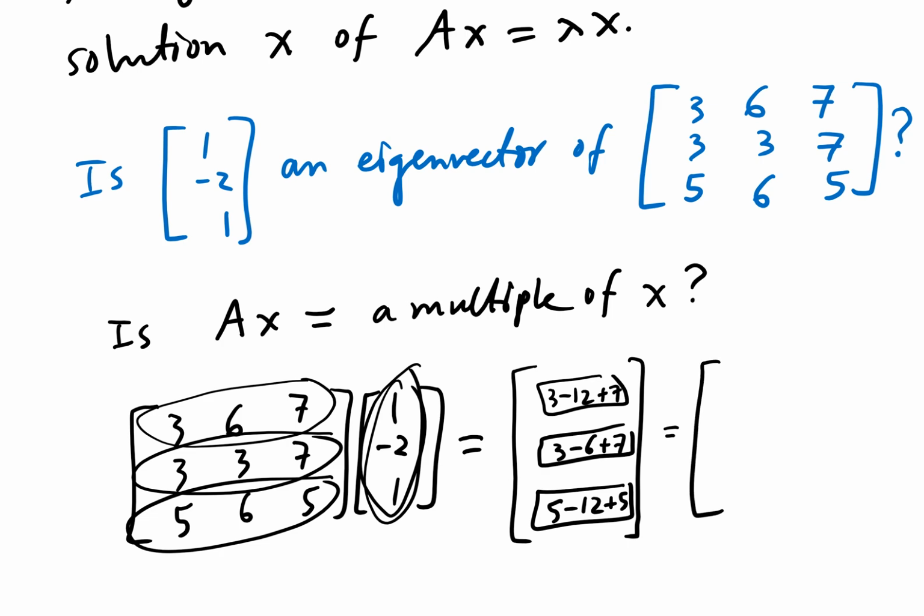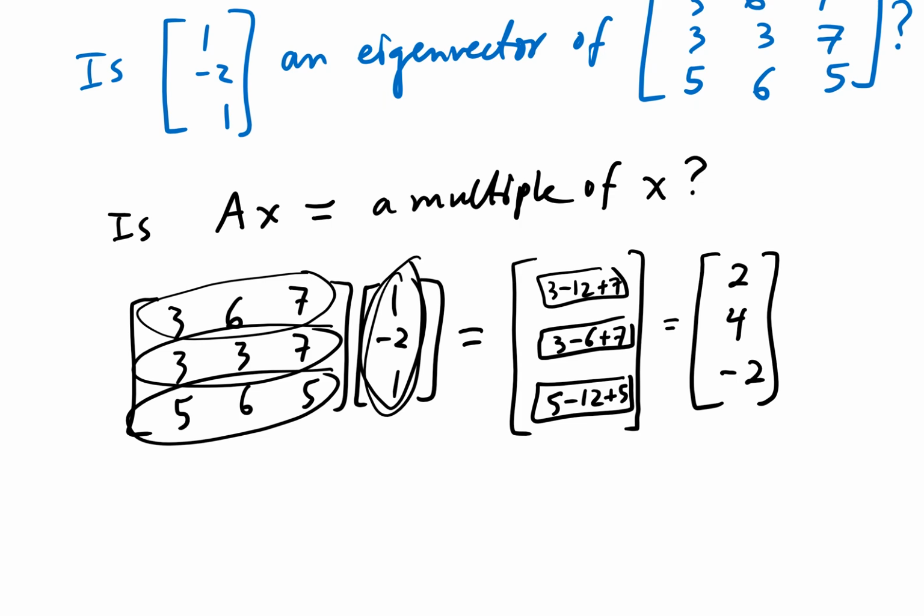Let's see what we get. 3 plus 7, 10. Minus 12 is negative 2. 3 minus 6 plus 7 is 4. 5 plus 12 plus 5 is 22, or rather, the last entry works out so that I can factor a negative 2 out. That will give me 1, negative 2, 1.